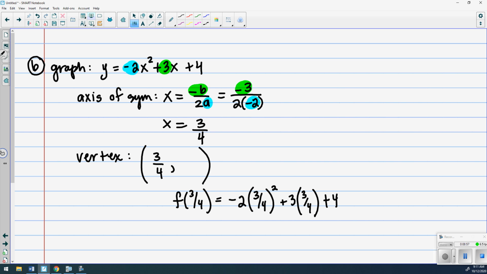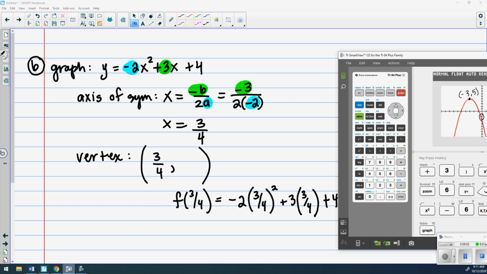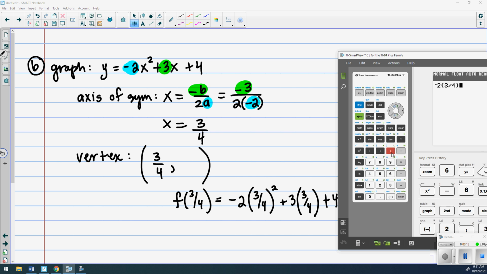And frankly, that's a good job for my calculator. I'm going to quit, clear, and erase. Remember that to quit, you just go second mode. Second mode just takes you to that calculator window. So I want it to go negative 2 times 3 over 4 quantity squared plus 3 times 3 over 4 and then plus 4.